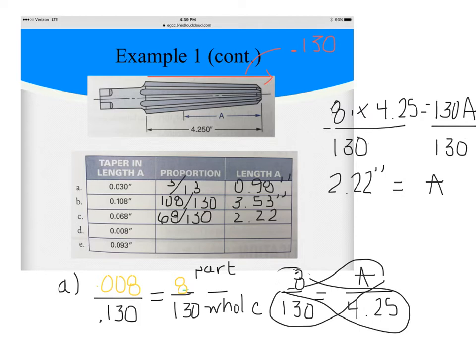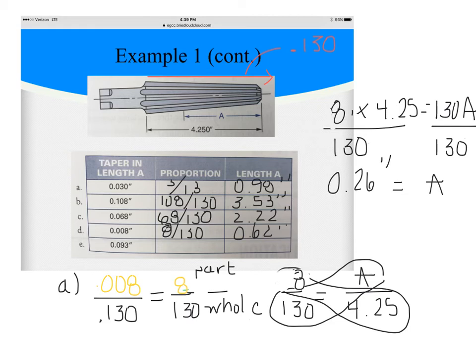Again, we need to divide by 130 on both sides to get A. And we find that the length of A is a very small part of the total length of 4 1/4 inches. It's only 0.26 inch.